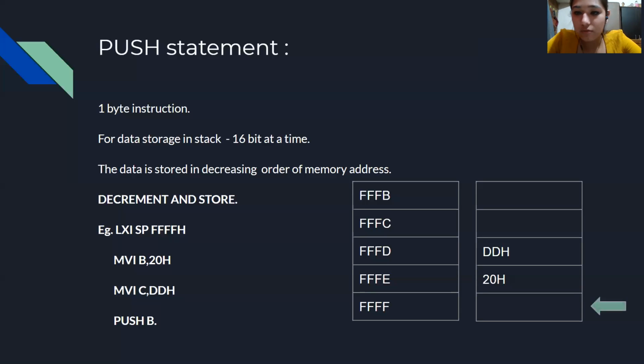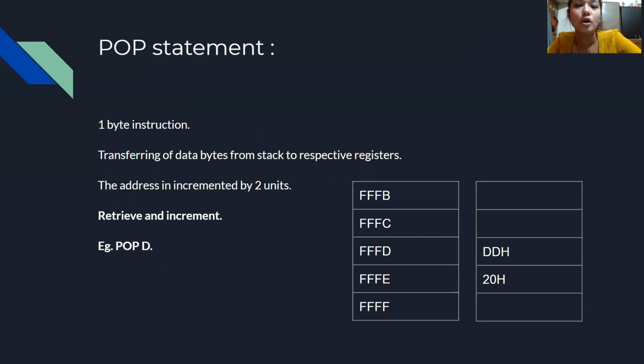Once again, for a clear understanding, first the stack pointer is initialized and pointing to the address FFFF. When we perform all the operations of PUSH B, moving data and all, the stack pointer will point to FFFD.